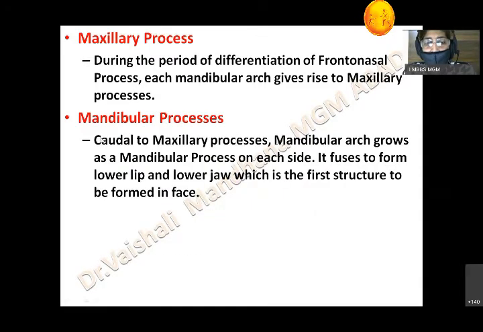The mandibular process develops caudal to the maxillary process, and it is present on each side caudally to the maxillary process, and it fuses to form the lower lip and the lower jaw, which is the first structure to be formed in the face. Okay.